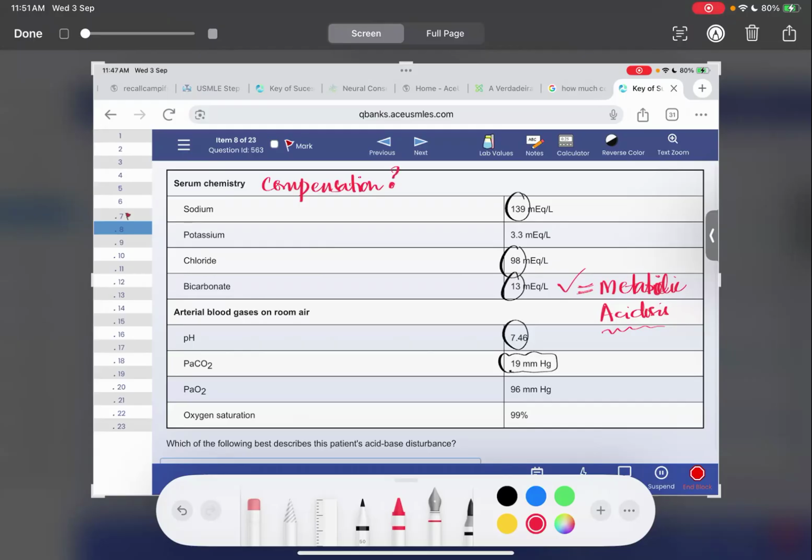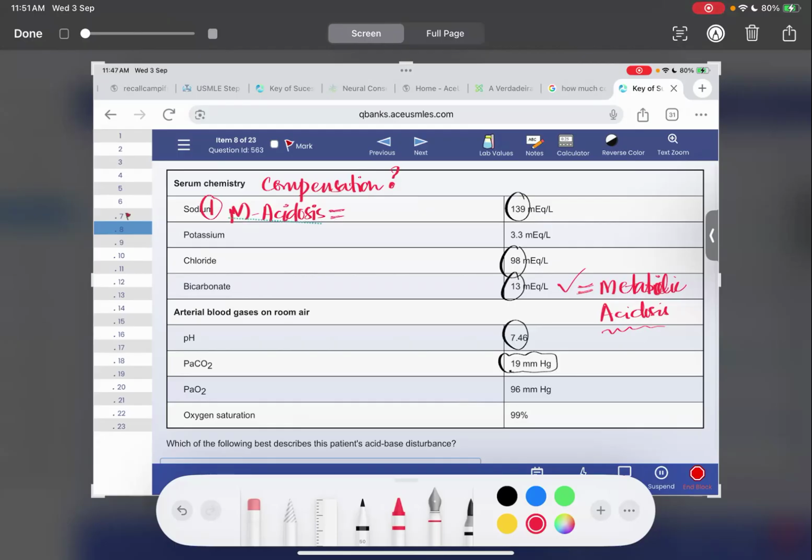Why? We have formulas if we have metabolic acidosis. This one is difficult, the rest are easy, okay? For metabolic acidosis, what will be the compensation? Respiratory alkalosis.